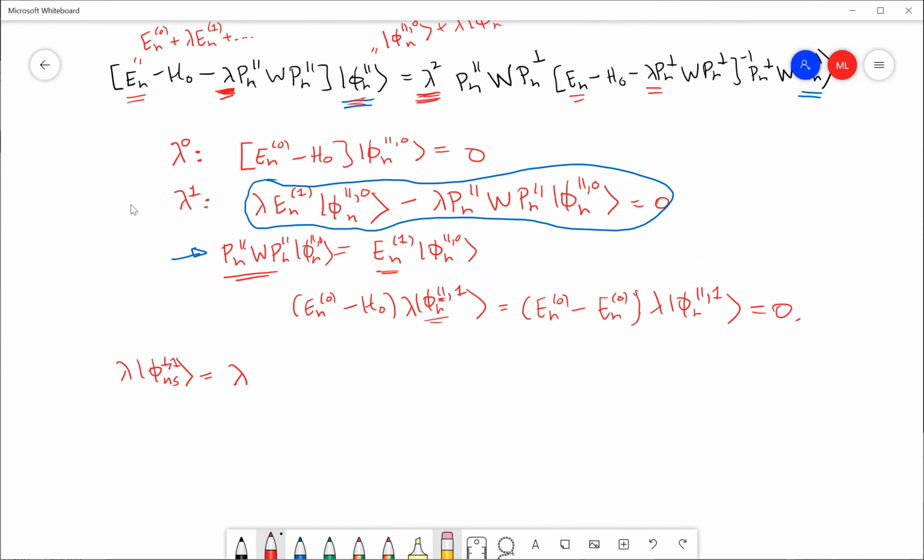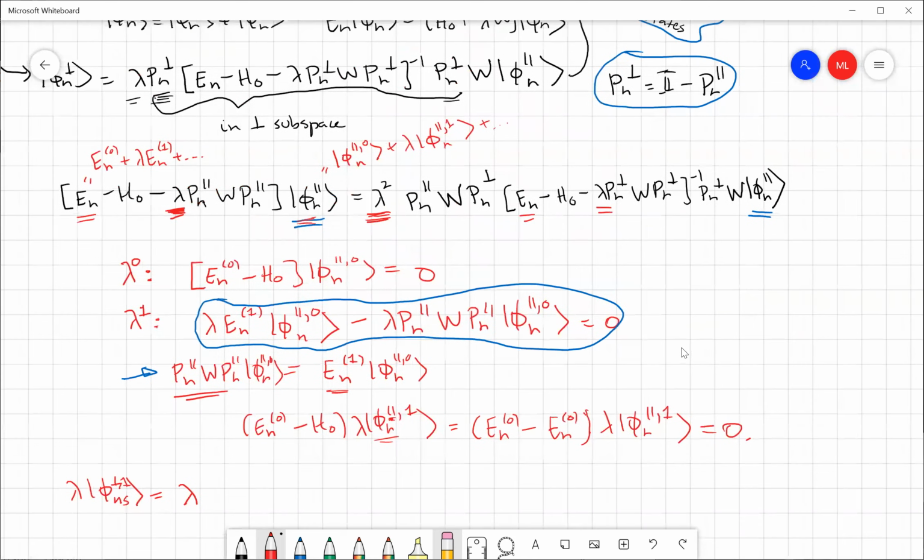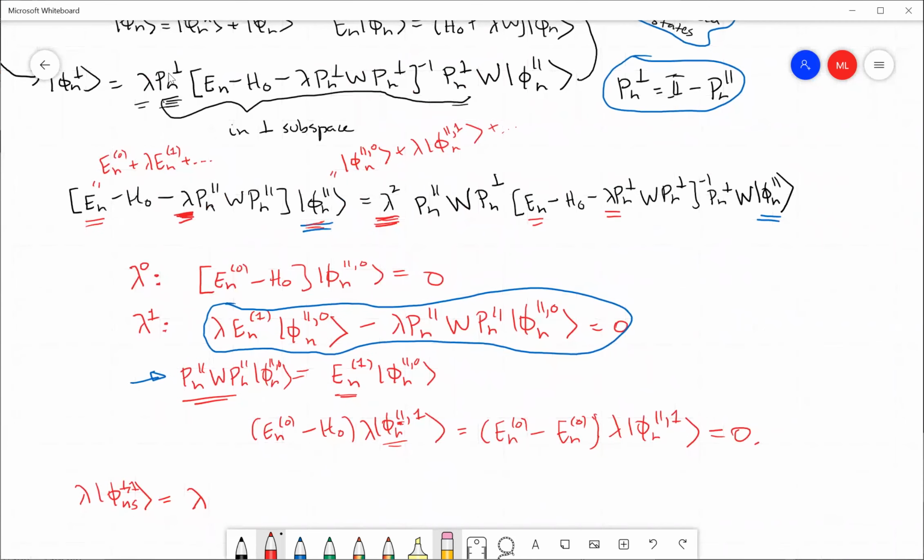So that's equal to lambda. Now if we look back at what the phi perp was equal to, there's already a lambda out here, so we don't need any more lambdas. We're done with the lambdas. We get a lambda here from expanding this guy, that's this first order correction, and then the rest of this lambda just goes away because we already have a lambda.